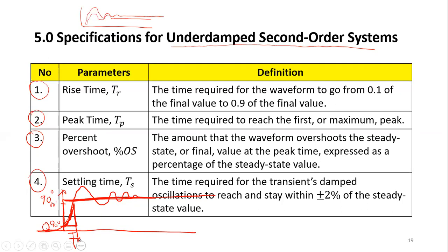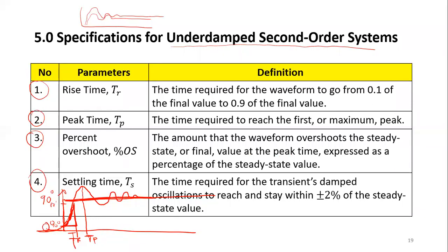Second, peak time, the time required to reach the first or maximum peak. Third, percent overshoot: the amount that the waveform overshoots the steady state or final value at the peak time, expressed as a percentage of the steady state value.